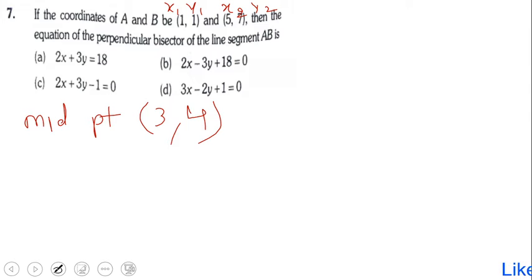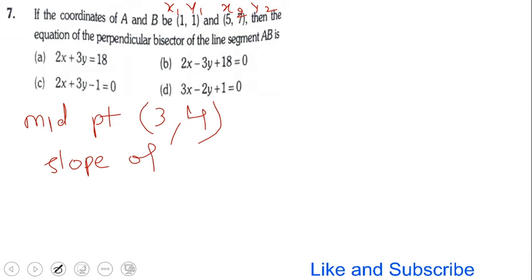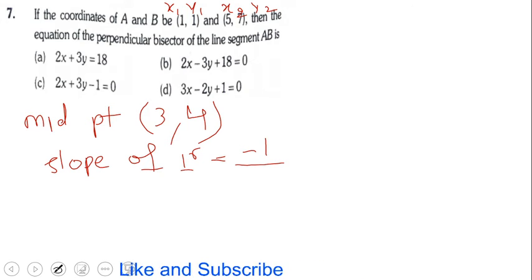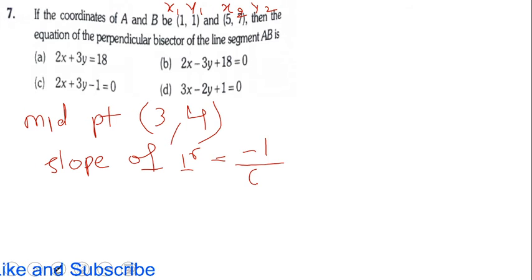Then the slopes are perpendicular here. So the slope of the perpendicular is given by minus 1 divided by the slope, and we are going to get 6 by 4 here. How is it so?